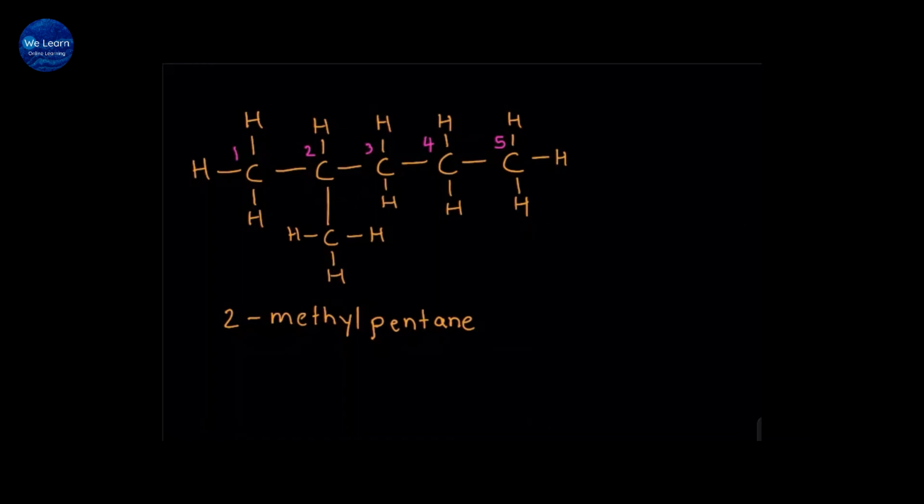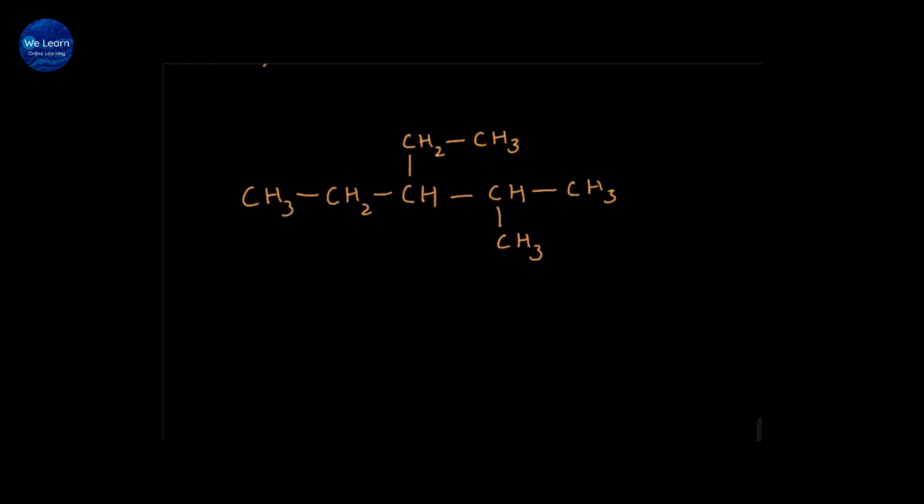All right, so let's move on. As you can see in this formula I've drawn, we have 2 different groups. Let's try and number our carbon chain so that we get the lowest possible numbers. My gut tells me that I'm going to number it from the right. On the second carbon atom I have a methyl group, and on the third carbon atom I have an ethyl group.